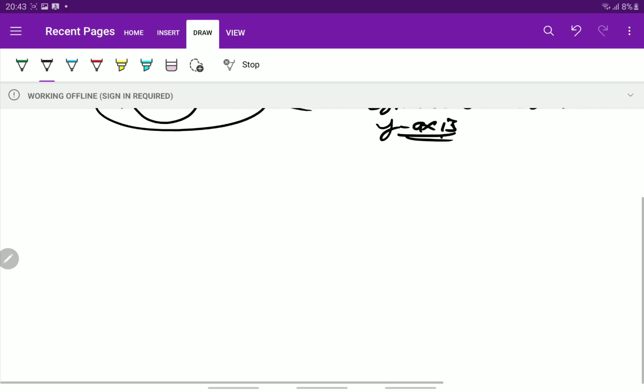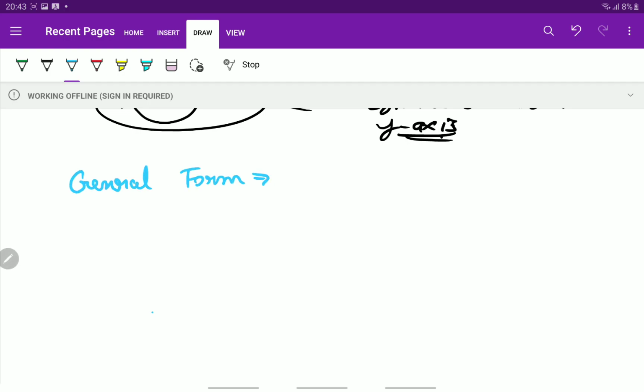Now let's actually get into the theory. So before we get into anything, let's just look at the forms of how you can express a parabola. There is the general form. What is the general form? That's the most commonly used form, which is ax squared plus bx plus c.